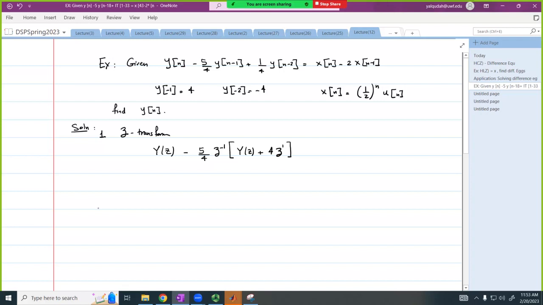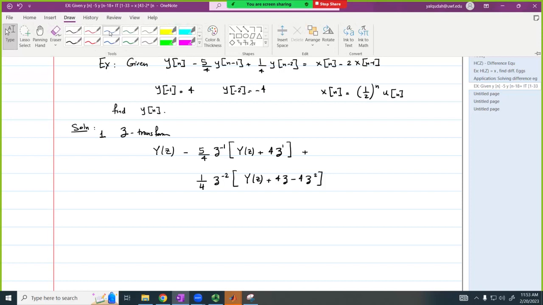Agree? Everybody? And then plus 1 over 4 z to -2 multiplied by y of z, plus y of -1, which is 4, multiplied by z, plus y at -2, which is -4, multiplied by z squared.